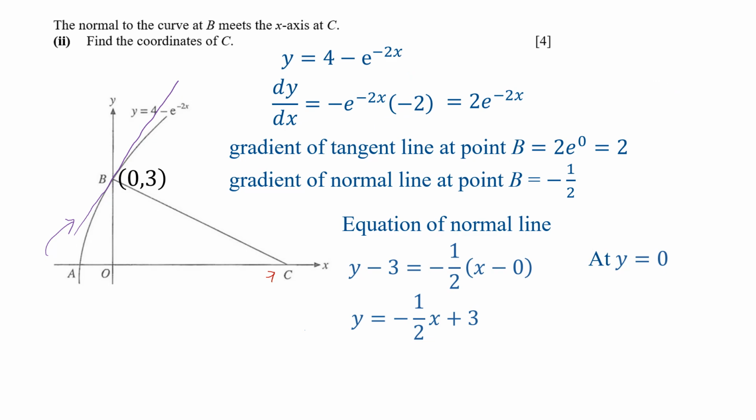Negative half x plus 3 equals to 0. Negative half x equals to negative 3. So half x equals to 3, so x equals to 6. So therefore, your point C is 6, 0. Okay, right, that's how we do it.